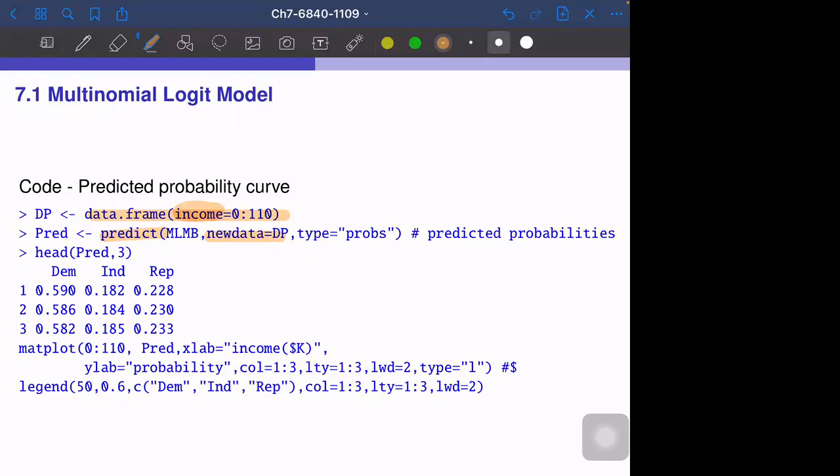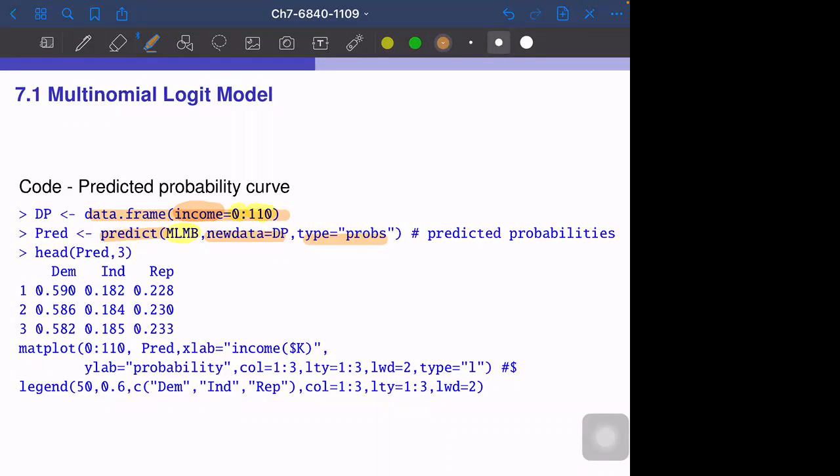Then the new data is that data frame, and then we can predict the values. The model was estimated from 944 data points, but now we plug in income from $0,000 to $110,000. So we have to specify the new data. Then type probability.